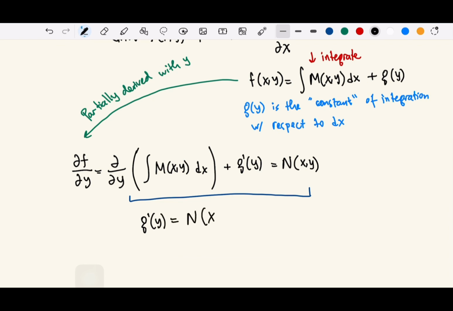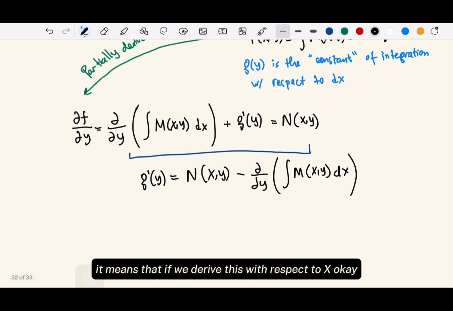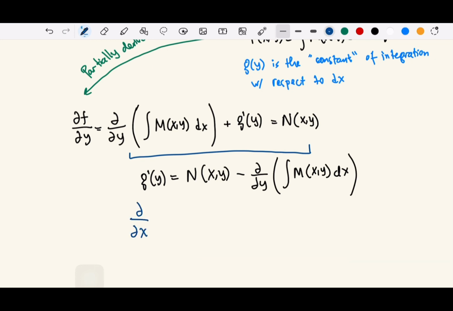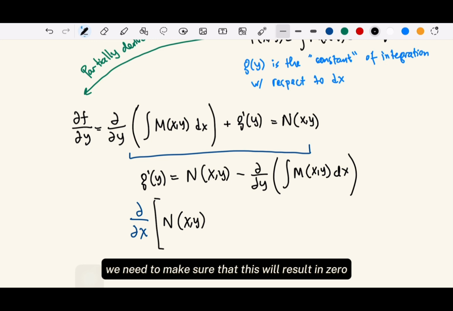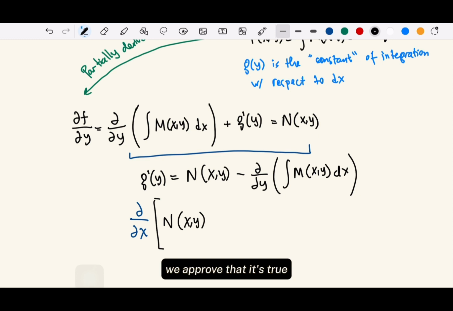So we have n, and then minus... Now to prove that this is true, it means that if we derive this with respect to x, okay, so let's take the derivative, partially derive all the g prime y. We need to make sure that this will result in 0. Okay, so if we did that and it's 0, then we prove that it's true.